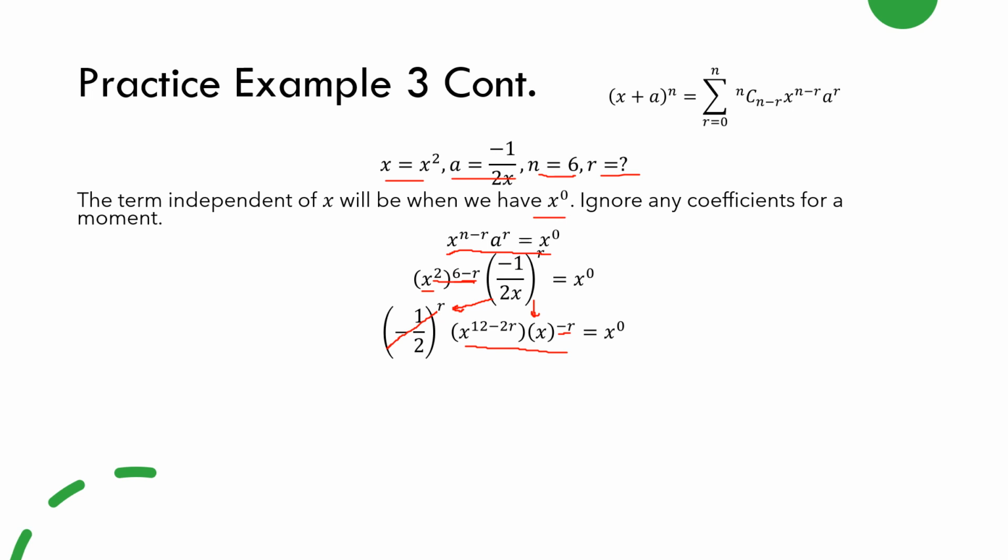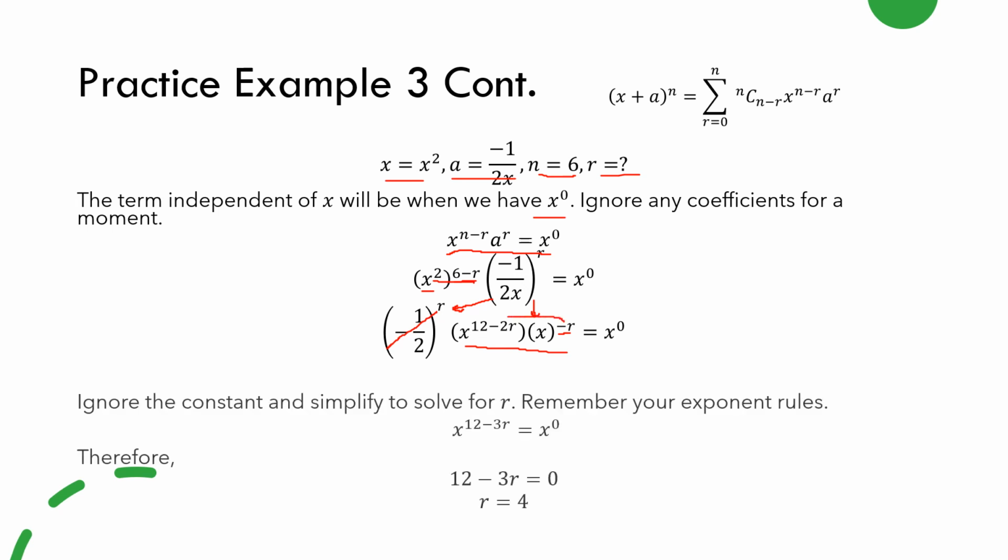So then I would add negative r to 12 minus 2r, and I would get x to the 12 minus 3r equals x to the 0. These exponents have to be equal, so that's why I just do 12 minus 3r equals 0, and you find r equals 4. Now, if that process was really confusing, technically you could just start writing out all the terms and figure out which one eventually cancels, but I think this process is much faster.